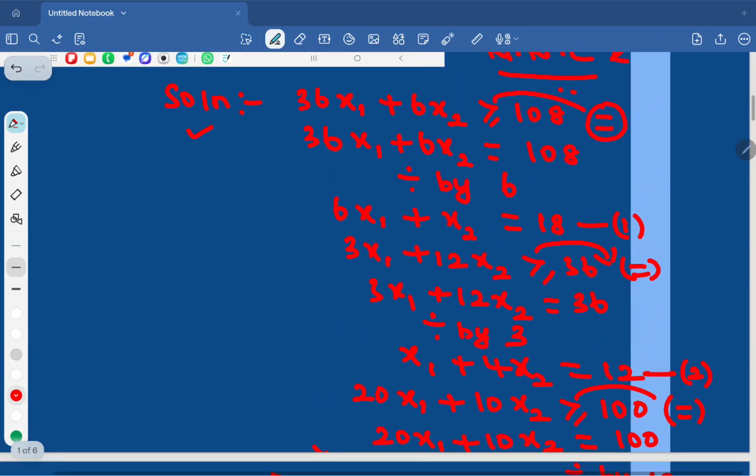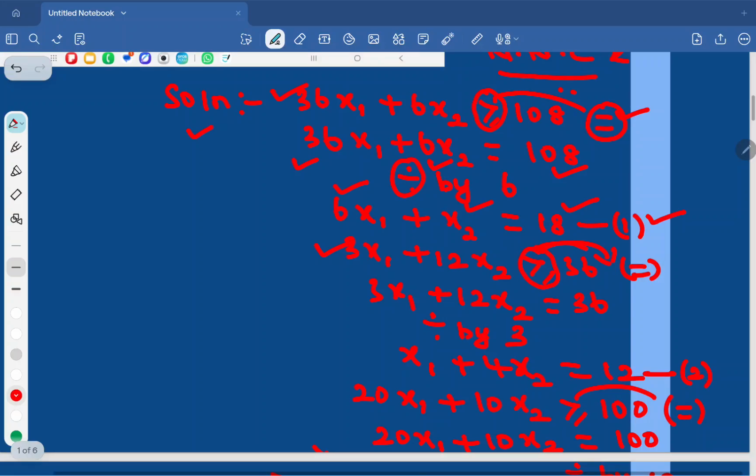Solution for this LPP with the help of the graphical method. First constraint, convert inequality into equality: 36x1 plus 6x2 equal to 108. Divide by 6: 6x1 plus x2 equal to 18. Equation 1. Second constraint: 3x1 plus 12x2 greater than or equal to 36.